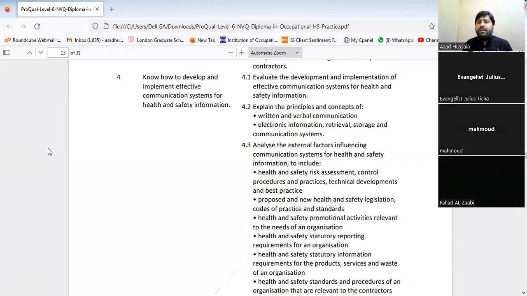So after that, you have to write the pros and cons of that, like what are their merits and what are their demerits. So you have to explain that concept here, but this explanation should not be a bookish information. It should be an information according to what is going on in your organization.